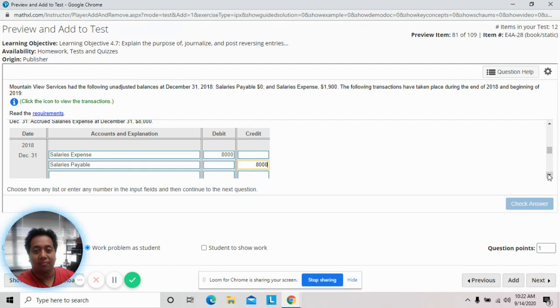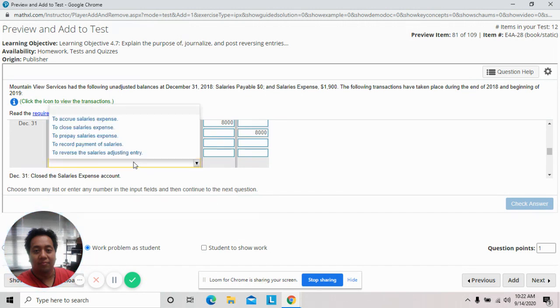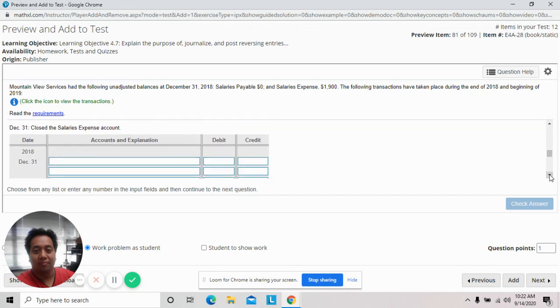My explanation here is to once again close the salaries expense. As for this account, I'm reversing the accrued salaries since I'm in requirement 3, as you saw in requirement 3. In requirement 3, I need to journalize the entries using reversing entries.